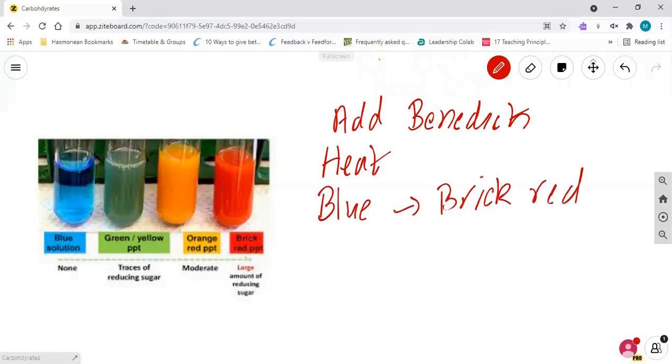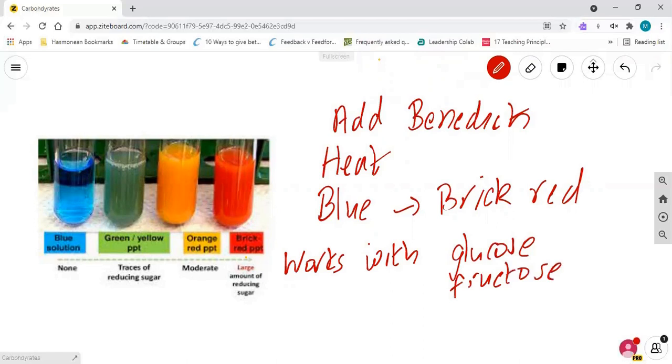Now, whilst that's still true, this only works with certain sugars. It works with all the sugars except sucrose. So it works with glucose, fructose, galactose, lactose, and maltose.